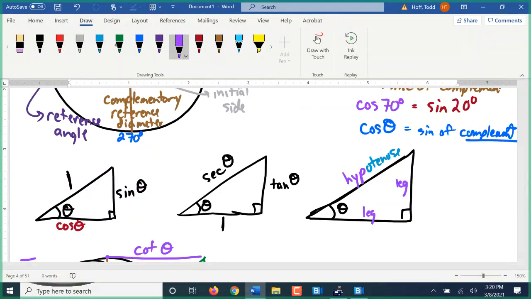The leg that touches the angle. Well, remember, we had lines that touched the circle. They were called tangent. We had angles that were next to each other and touched each other. They were called adjacent. This is the adjacent leg. It is next to our angle theta. This leg over here is the opposite leg then. It's across or opposite from our angle. Now I put the first three letters in a different color because that's the abbreviations we use.